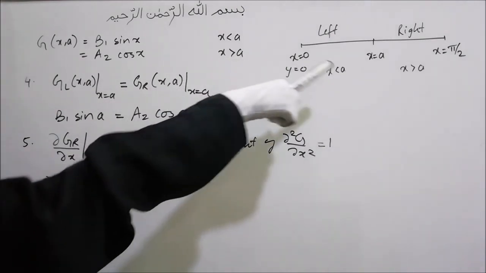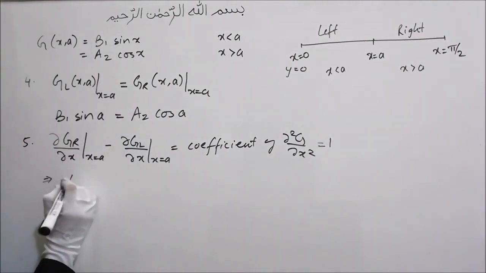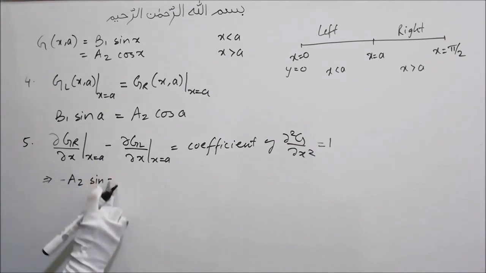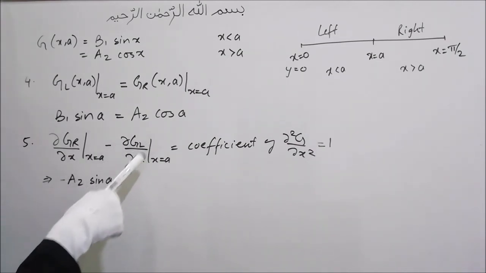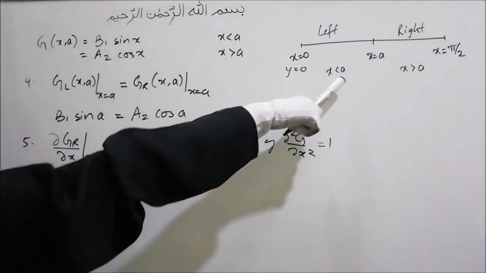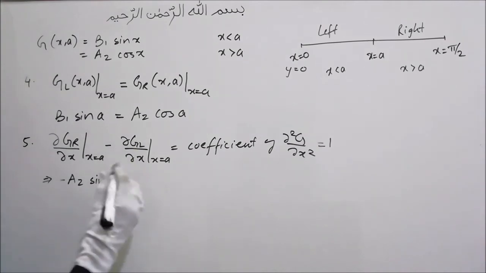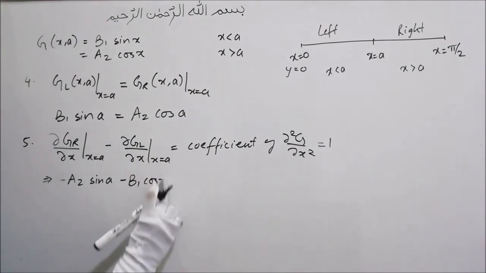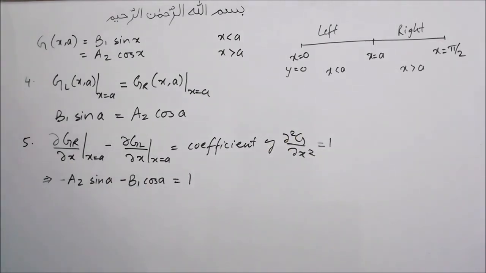Right, that means x greater than a, the differentiation of this term will be minus a2 sin x, but at x equals a, so this will become sin a, minus del g left upon del x. Left means x less than a, which is b1 sin x, differentiation of that will be b1 cos x, but at x equals a, so this will become cos a, and this value is equal to 1.